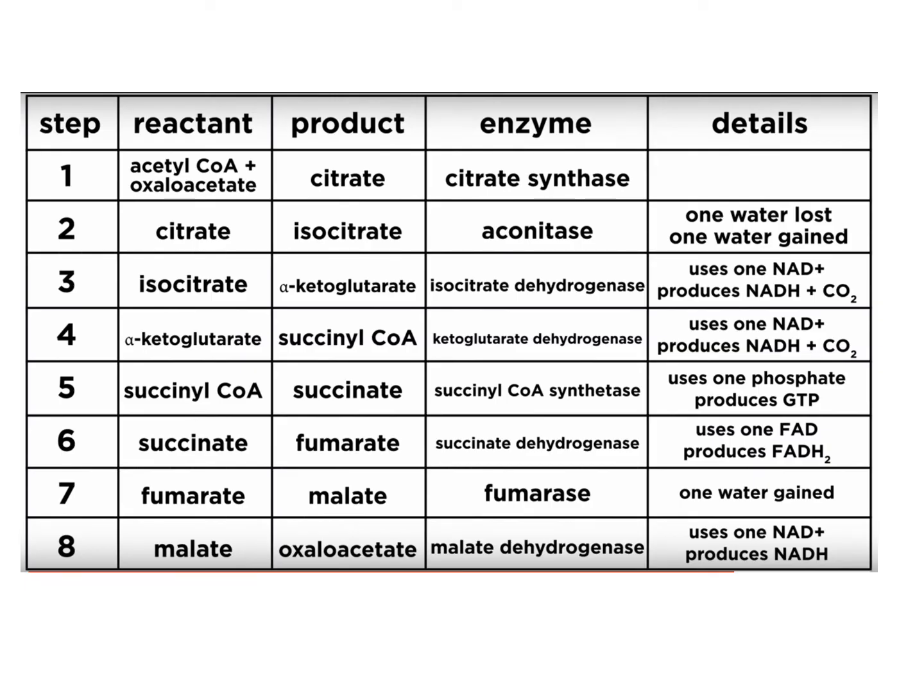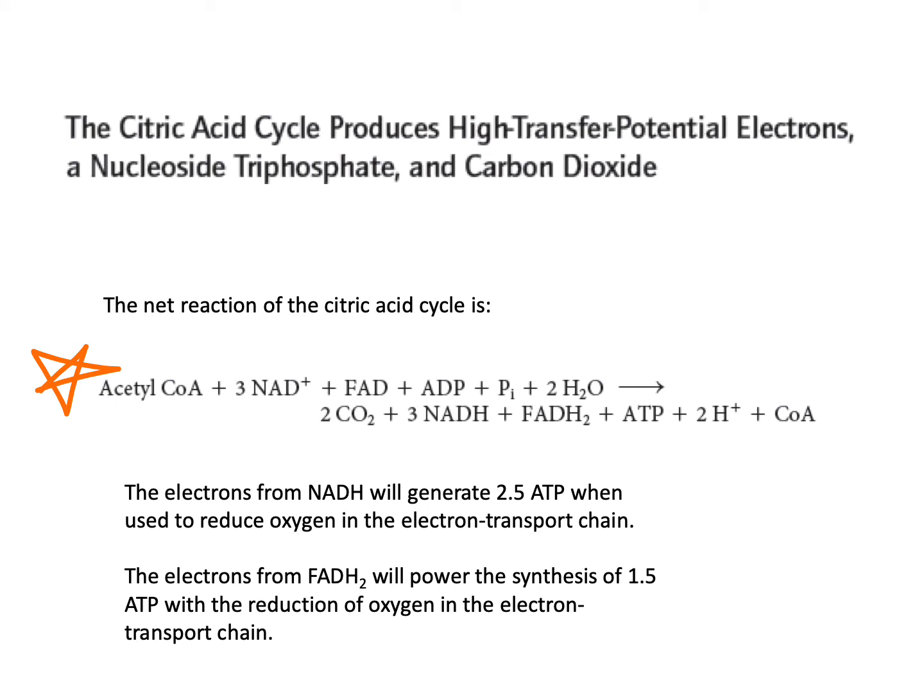This is a summary of the 8 steps, including the reactant, the product, and the enzyme involved in each reaction, and a detailed outcome. This is the net reaction of the citric acid cycle. We can see 1 acetyl-CoA will produce 3 NADH, 1 FADH2, 2 carbon dioxide, and 1 ATP.